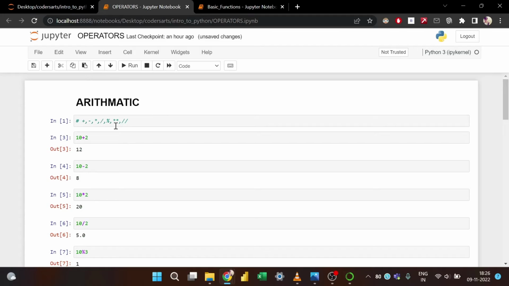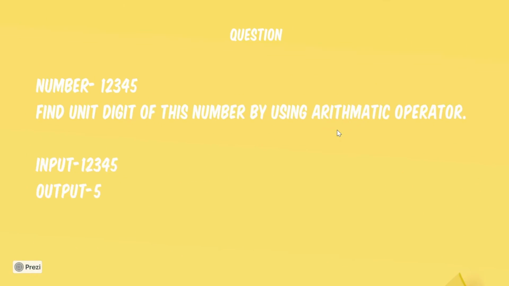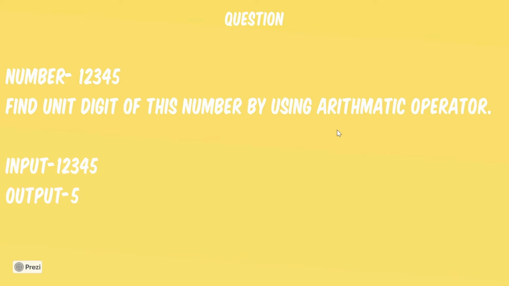Now let us look at the next operator. But before jumping directly to the next operator, first of all let us try to practice something in this arithmetic operator. So this is the question for you all to practice. Suppose I give you one number, 1 2 3 4 5.